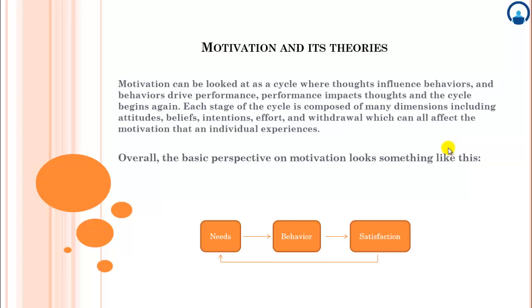Finally, this interaction process decides your satisfaction or dissatisfaction level, which we have sketched here. That is, motivation can be looked at as needs, behavior, and satisfaction, and finally the satisfaction again decides your level of need fulfillment.